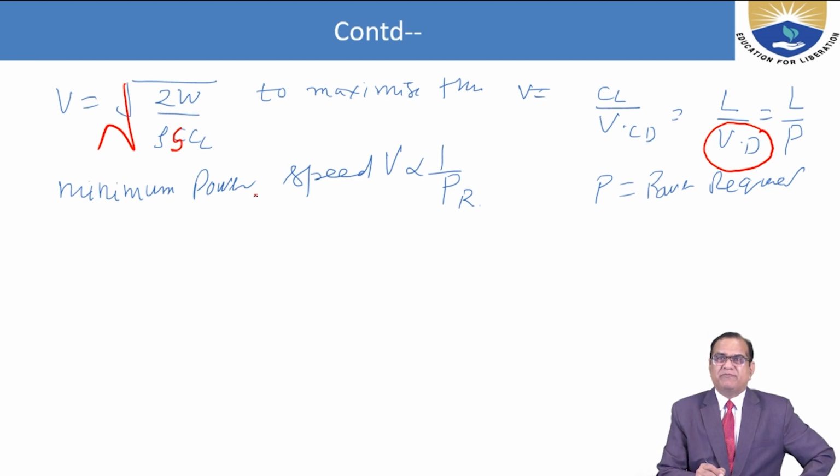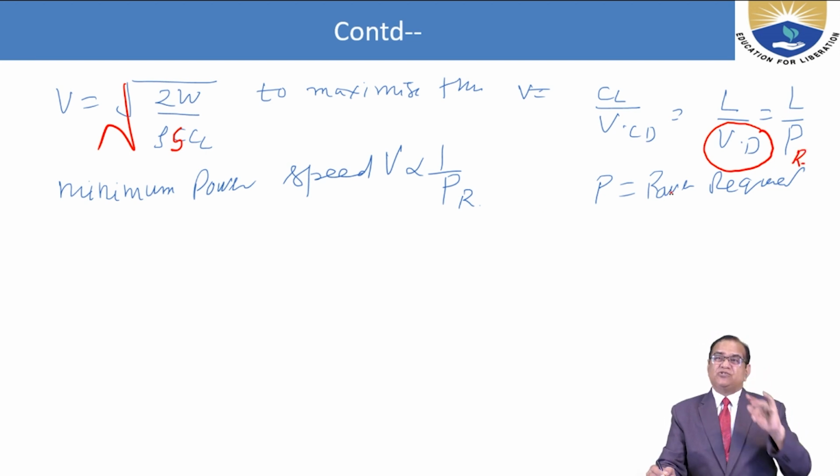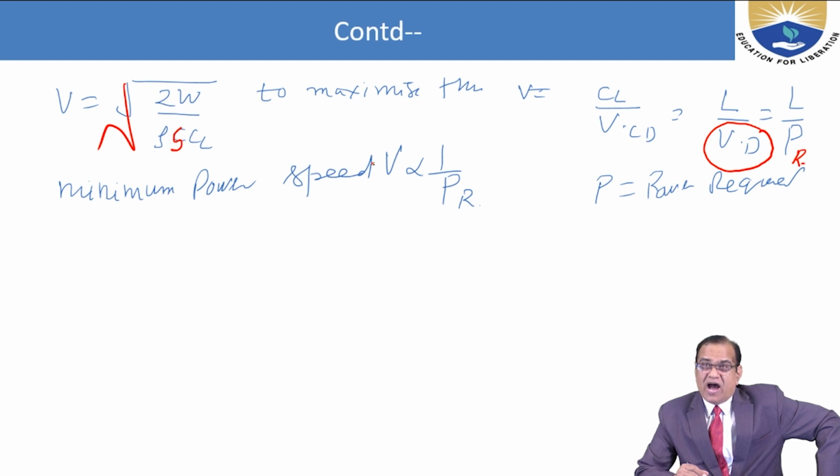So for a minimum power speed, V is inversely proportional to 1 by PR, where P is equal to power required. Okay. So if you go to high speed or if you have the high power, your velocity has to be less.